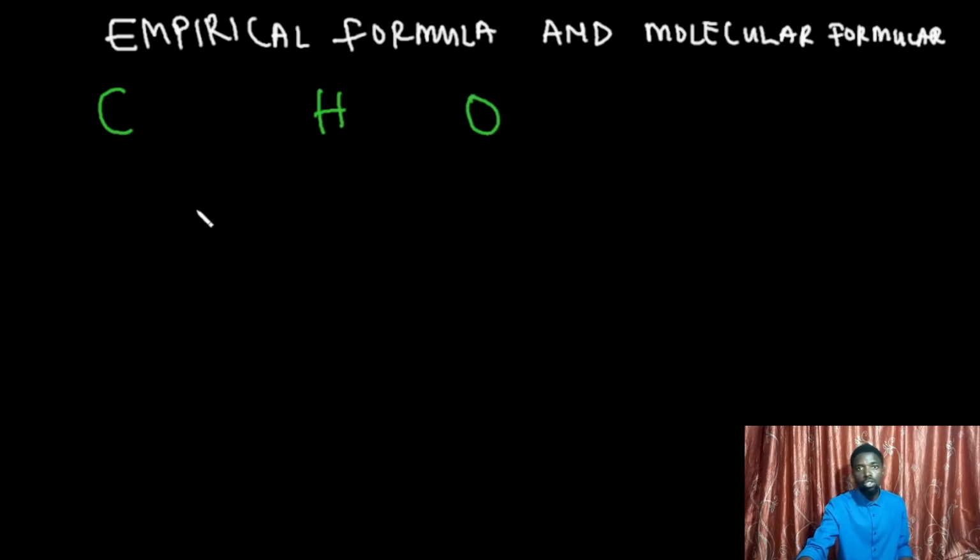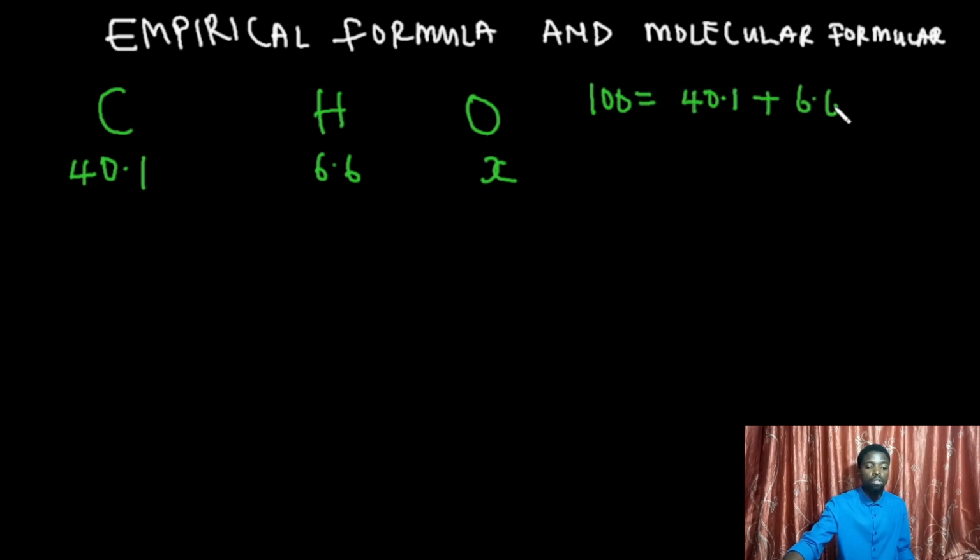Now, the next rule is to identify their percentage or mass compositions. Carbon has the percentage according to the question of 40.1. Hydrogen has a percentage of 6.6, but we don't have any information about the percentage of oxygen. However, we know that the total percentage is 100, which means that if we add carbon's percentage 40.1 plus that of hydrogen and that of oxygen, what we should get is 100.